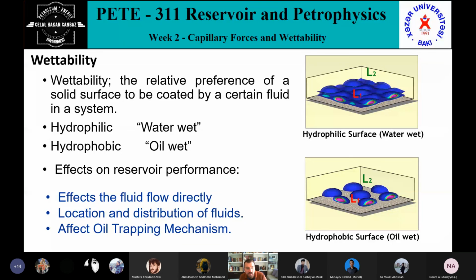So wettability and capillary forces will be the dominating parameters. It affects the fluid flow directly.